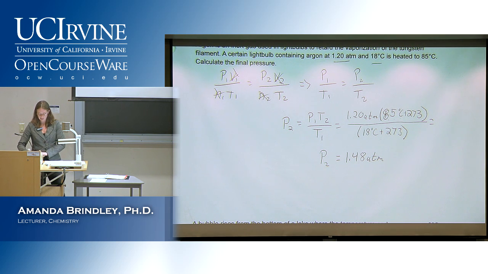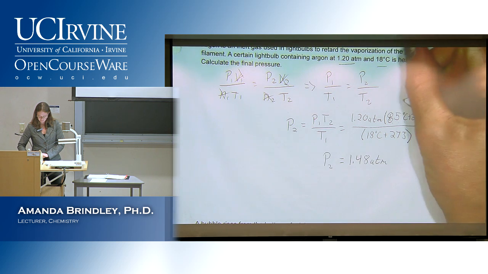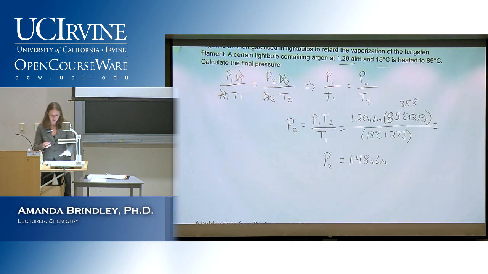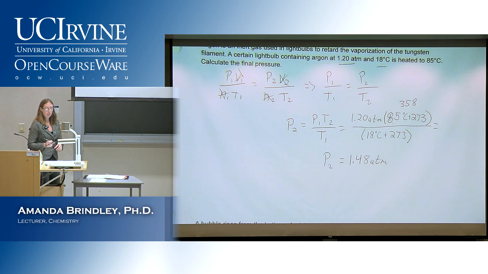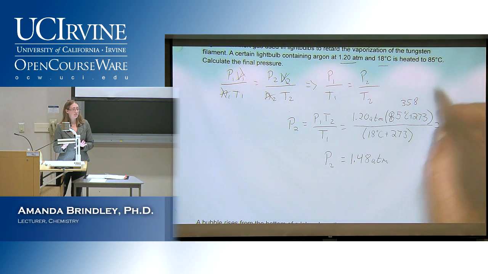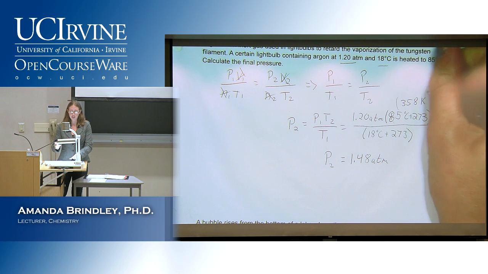Let me write it down real fast, but I'm going to plug that one into a calculator real fast. So 358. So it's 358, and because it's addition, this is a good remembering on addition actually, because a lot of times we forget about sig figs with addition.